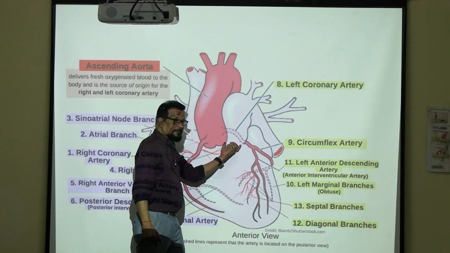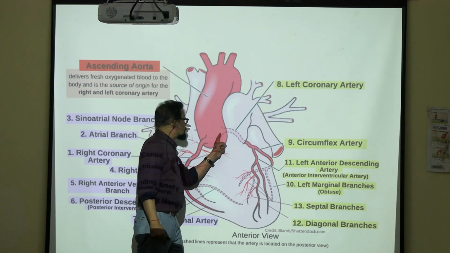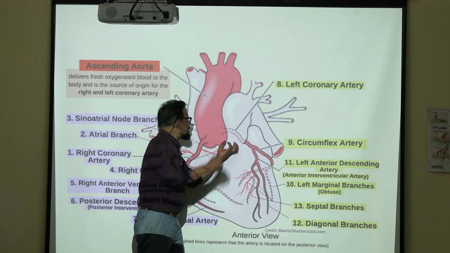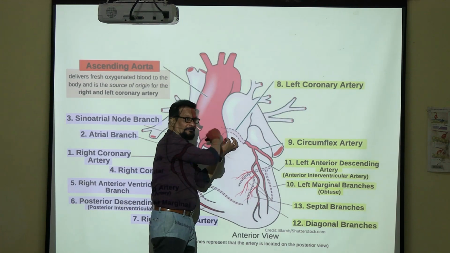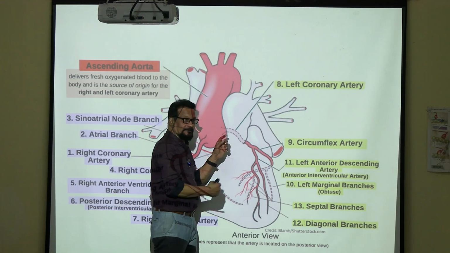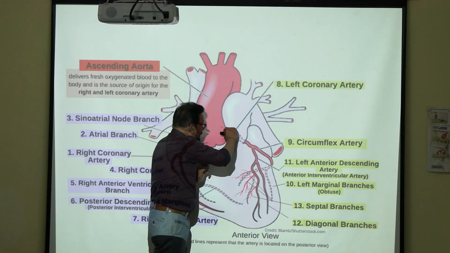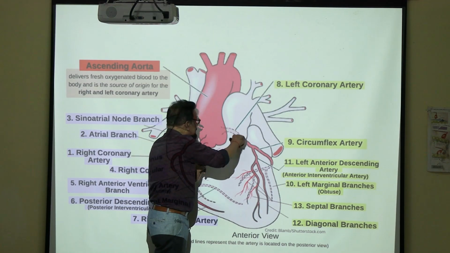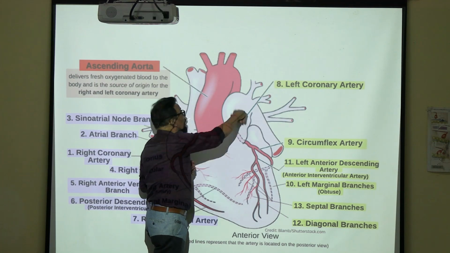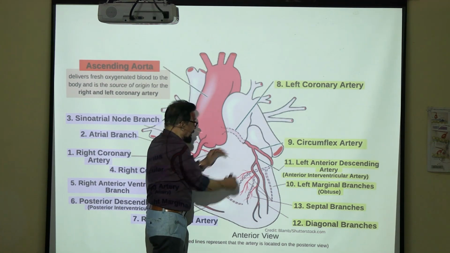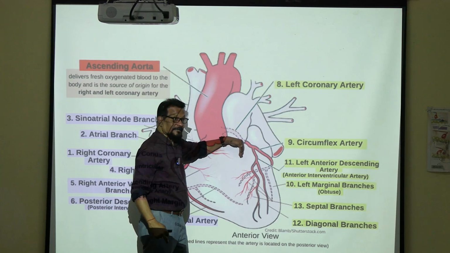So this branch is actually coming from the back, and that's why it is dotted. From the back, it is encircling the pulmonary artery and coming to the anterior aspect.